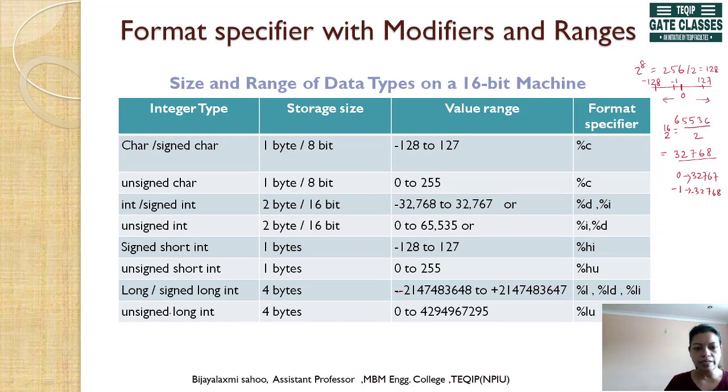As it is unsigned, there will be no numbers on the negative side. Everything will be on the positive side. So it is 0 to 4294967295. Okay. Next, for unsigned long, we use the format specifier %lu. Whenever we write a program using printf and scanf and print the value of a variable, we will come across this format specifier again.